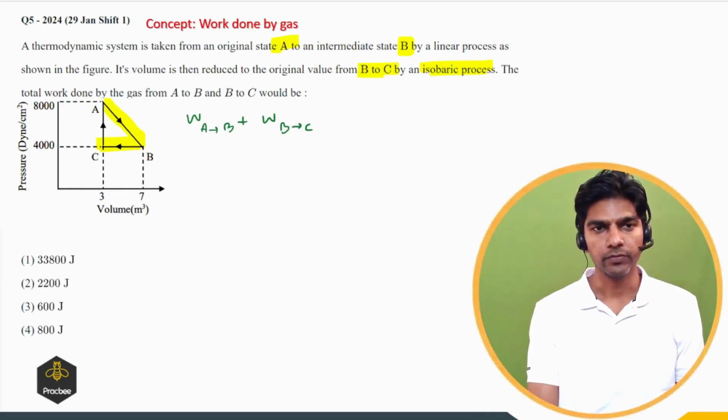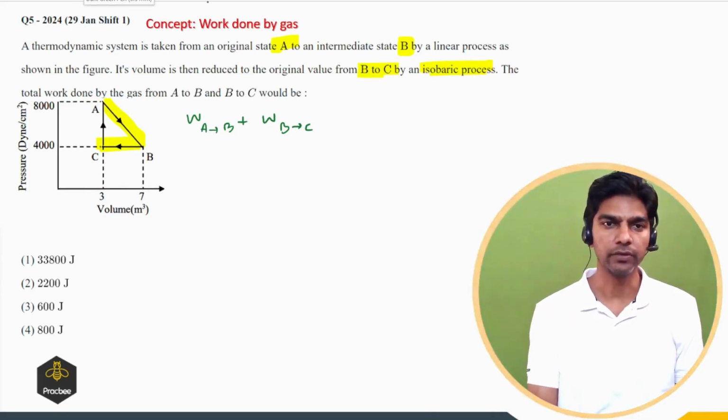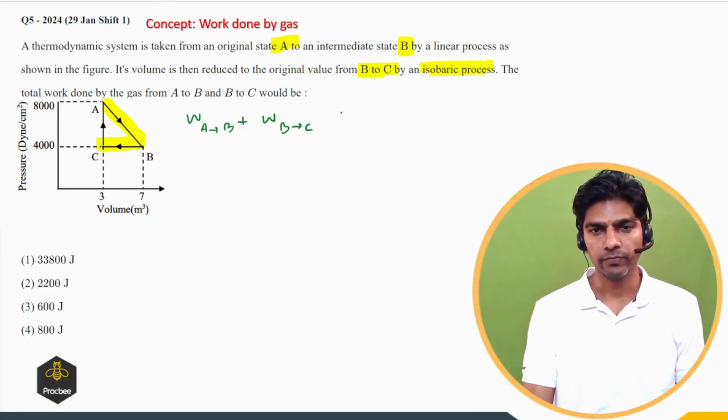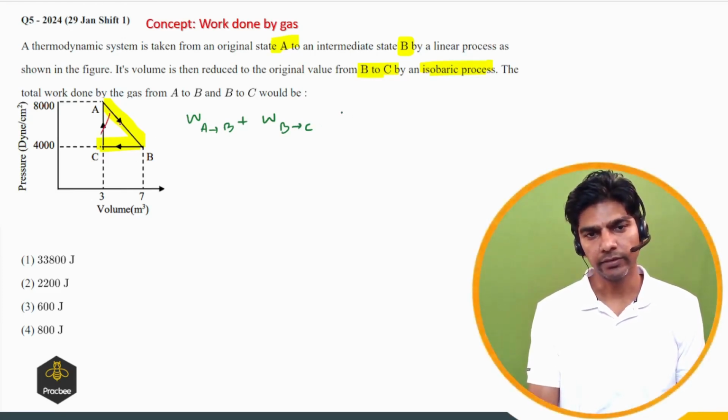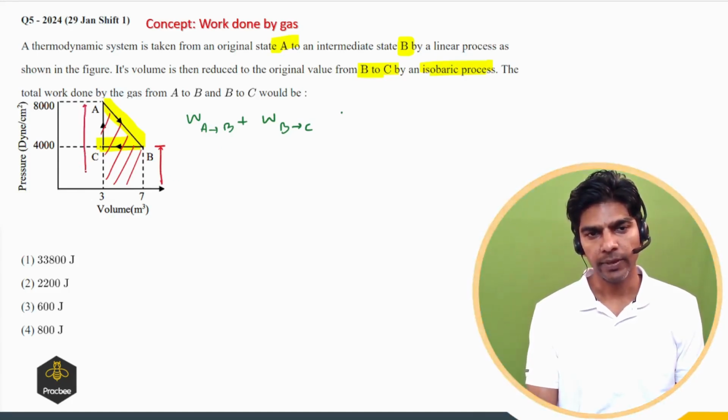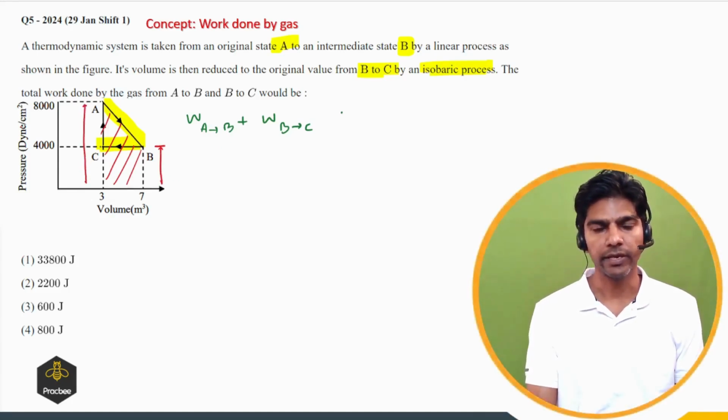From A to B, we know that the work done will be given as the area under the pressure volume graph. Let me show this with red color. So the area under the AB graph will be this trapezium. What is the area of this trapezium? Let us find the sum of the parallel sides. The parallel sides will be 8,000 dynes per centimeter square and 4,000 dynes per centimeter square.